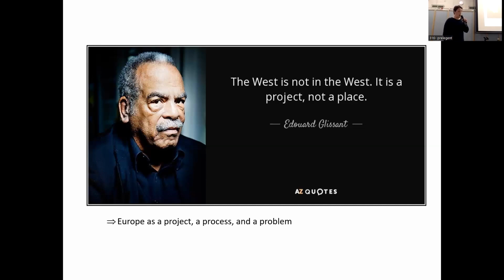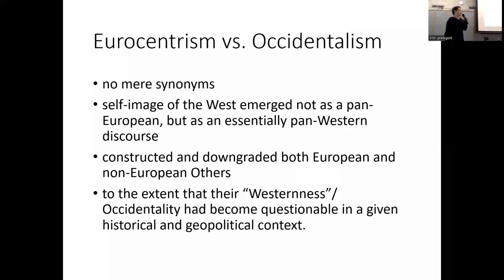And here I'm coming to the first concept in the title, Occidentalist fantasies. As conceptualized by Fernando Coronil and then developed further by Walter Mignolo, the term Occidentalism is not a synonym of Eurocentrism, but one that points to how the self-image of the West emerged not as a discourse about all of Europe, but as a discourse about and from the West.